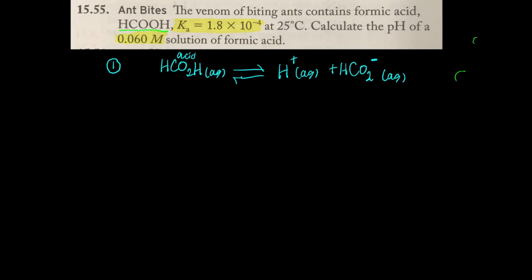Okay. Step 2 here is that you want to set up your ice table. Now, I stands for initial, okay, the initial concentration. C stands for change, and E stands for equilibrium. So what we want to do is grid this up a little bit.